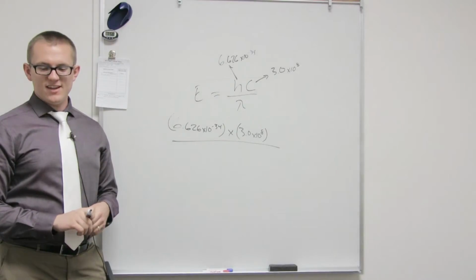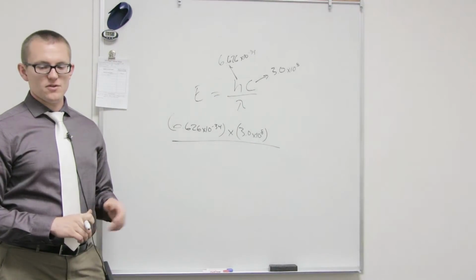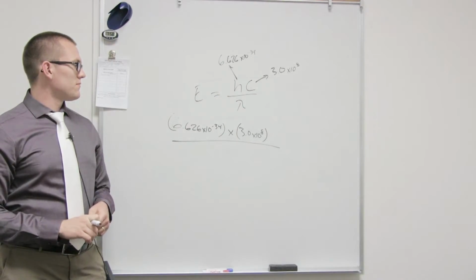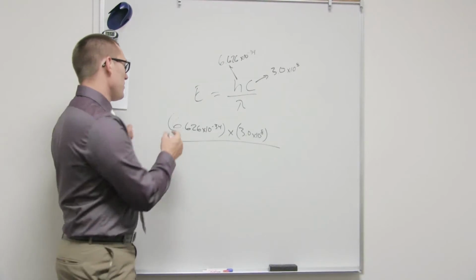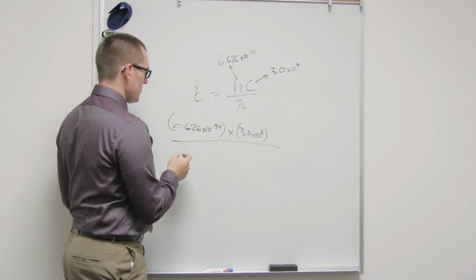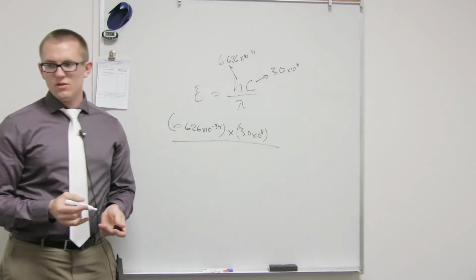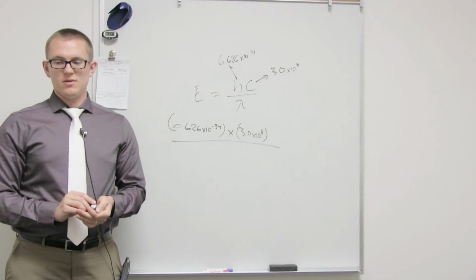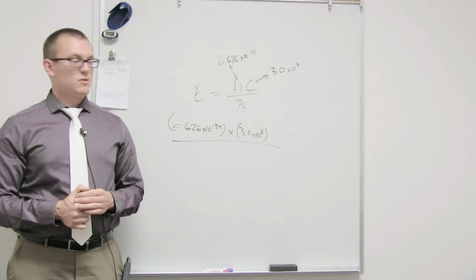I don't know why the calculator doesn't follow the rules, but I have that same calculator that you do, and I put every single thing in parentheses just because it's messed me up before.